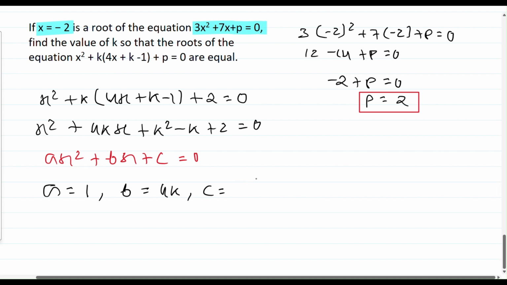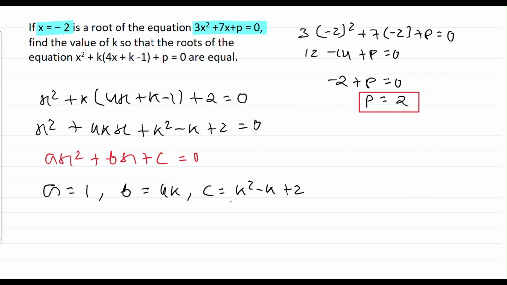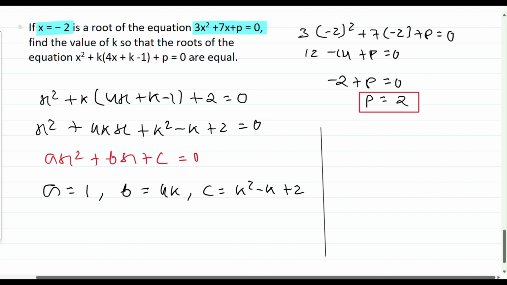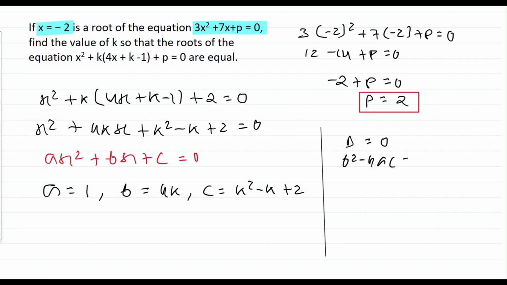Whole of this is constant, that is k square minus k plus 2 is c. Now what we know, for equal roots, d is equal to 0. Why? Because it is given that the roots are equal. So d is equal to 0, and d is b square minus 4ac. So b square minus 4ac equal to 0. Alternately, I can also write b square is equal to 4 times ac.